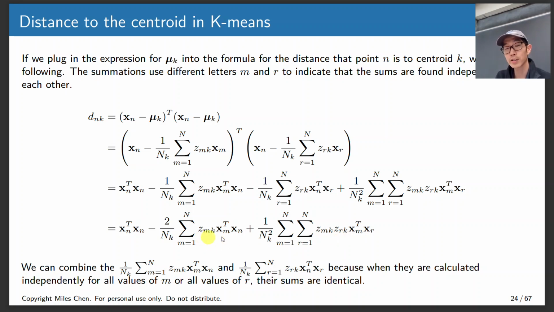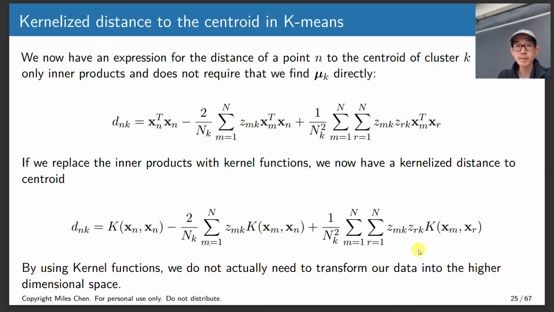And so you have these inner products. This is a way for us to say, what is the distance between point n and the centroid of cluster K? Anytime we see this kind of inner product, xn transpose xn, we can ask, what if we use a kernel function there? Here I have xm transpose xn. What if I use a kernel function there?